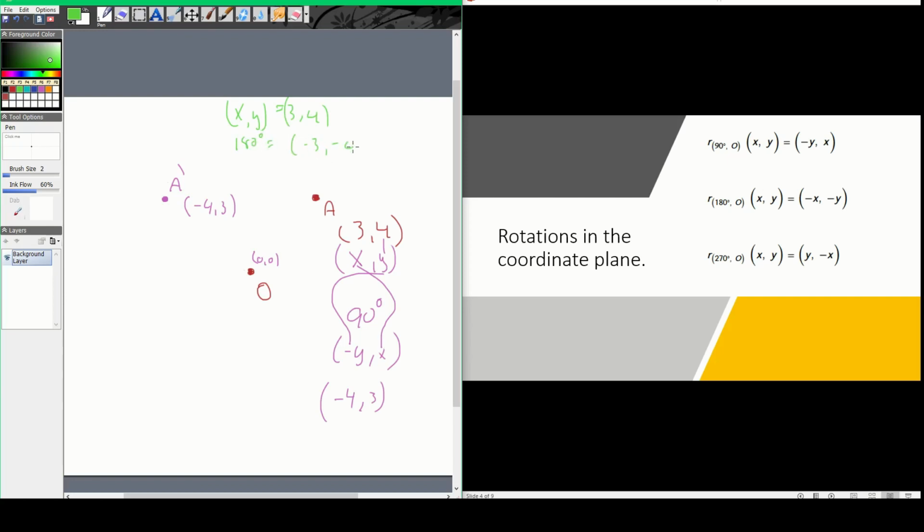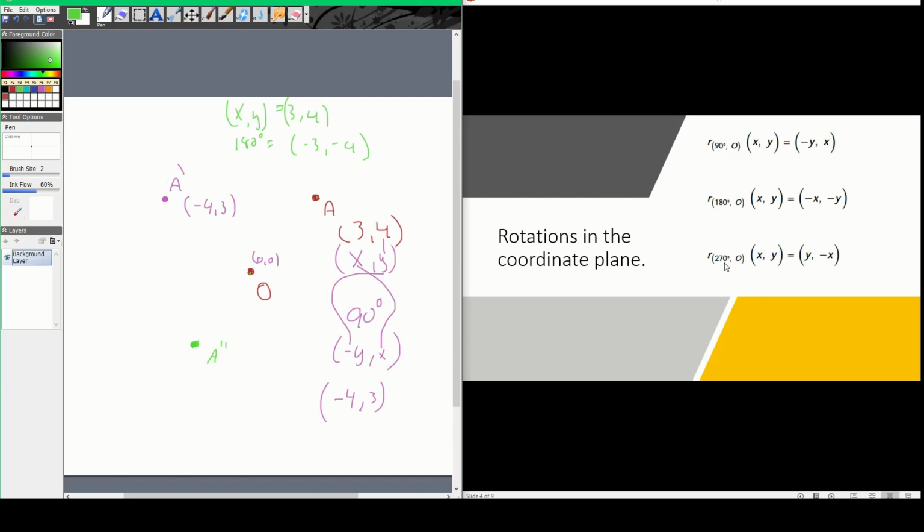Negative 3, negative 4. So that's the same as going 1, 2, 3, 1, 2, 3, 4. Here's my A double prime. Now, what you'll notice here, even though I'm not on a coordinate plane, you can kind of see I'm basing my positions off of a coordinate plane. From A to my point of rotation to my 180 degree rotation creates a straight line. That will always happen when we do this.